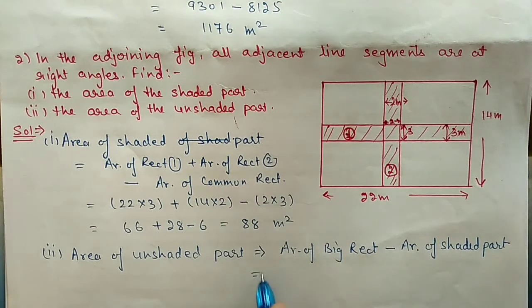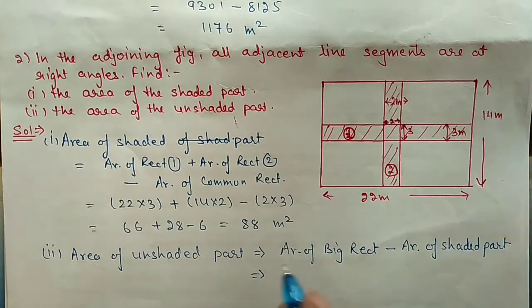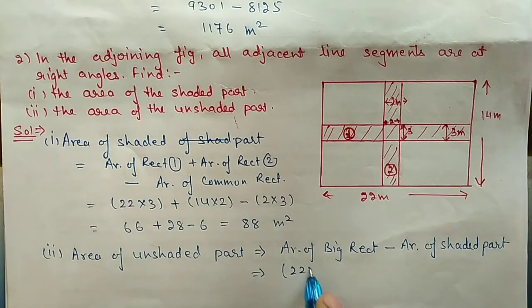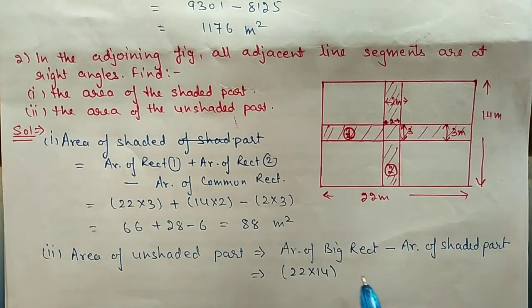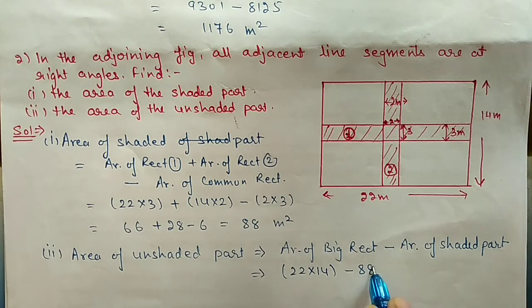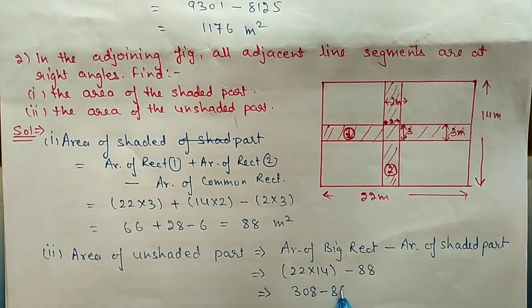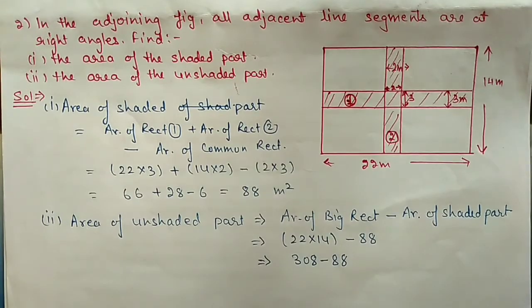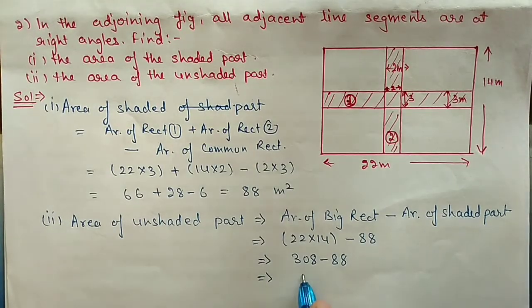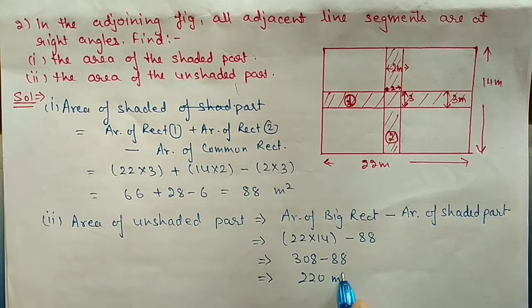So the big rectangle dimension is given as 22 into 14. So area will be 22 into 14, and this area already we have calculated, 88 meter square. 22 into 14 we will get 308 minus 88, which is equal to 220 meter square.